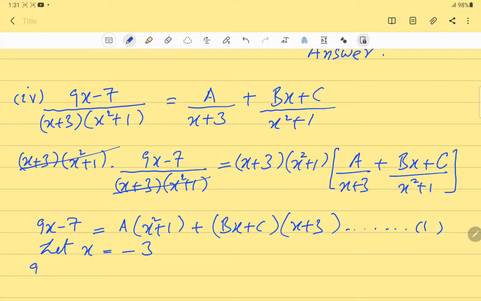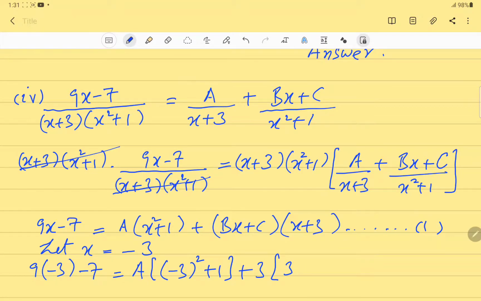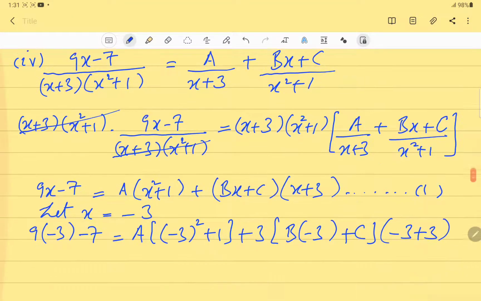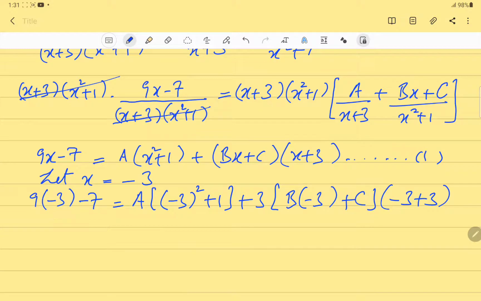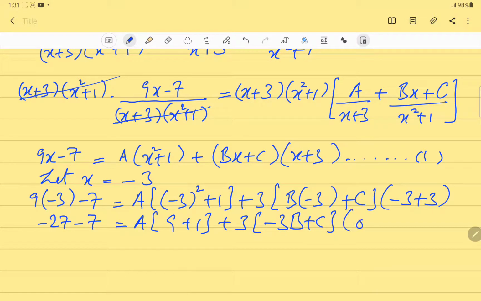and by substituting this value in the equation, we will get 9 into −3 − 7 = a into the square of −3 + 1 plus (b(−3) + c)(−3 + 3). 9 into −3 is −27, so a into (9 + 1) plus (−3b + c) into 0.